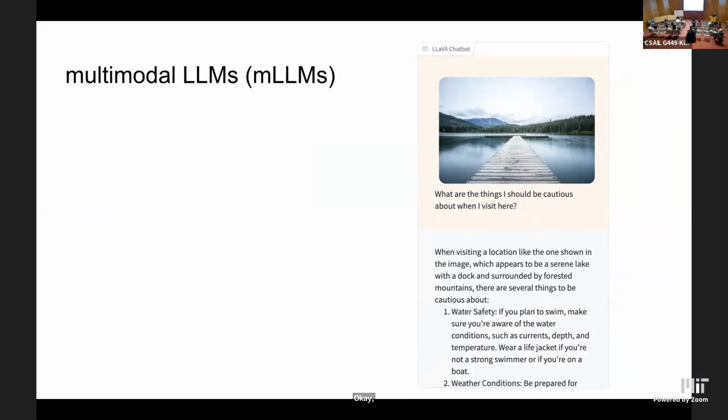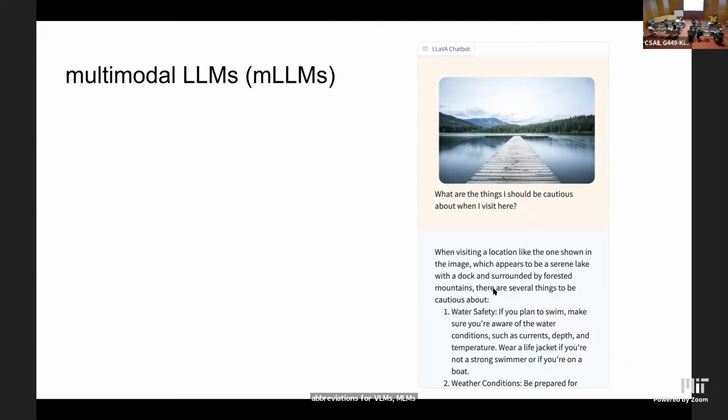The huge news in AI these days is, of course, large language models, and they're quickly becoming the generic interface for all kinds of tasks. One of the tasks they've been adapted to recently is multimodal understanding, for example, image understanding. Multimodal LLMs, or mLLMs, as I'll abbreviate them, also go by other abbreviations like vLLMs.